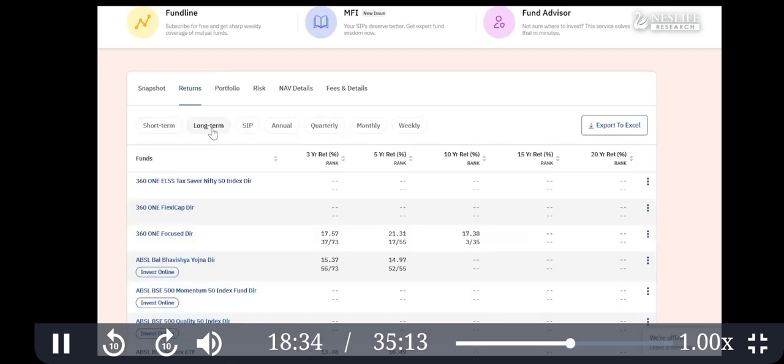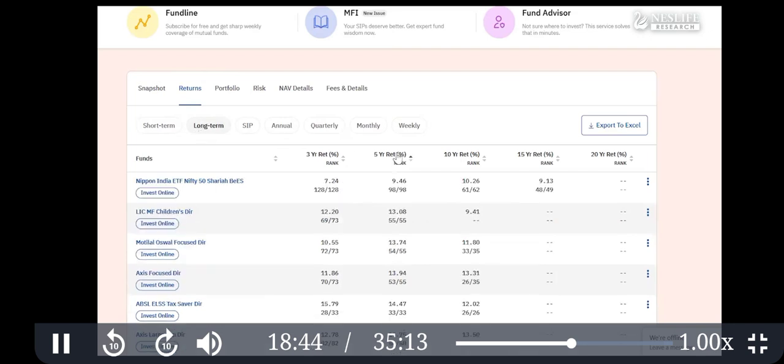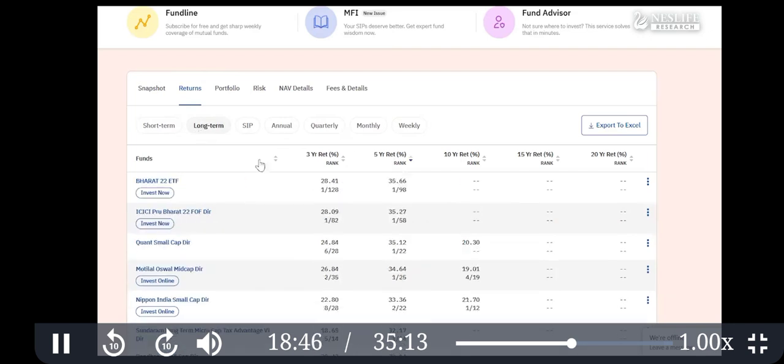So write down: point to point return is CAGR. There is another CAGR type, it's trailing return. If you click on long term, you see the 5 years here. What is the difference between point to point and trailing? This is also CAGR, but in point to point, you select 2 dates, starting date and ending date.